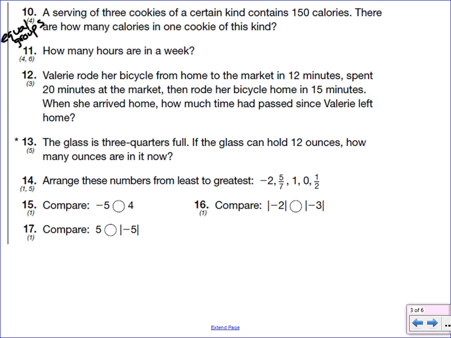We have 3 cookies times however many calories there are in 1 cookie, equals the total of 150 calories. To figure out one of the factors, we take the total, 150, and divide it by the known factor, 3. 150 divided by 3 is 50. And so that would be 50 calories.